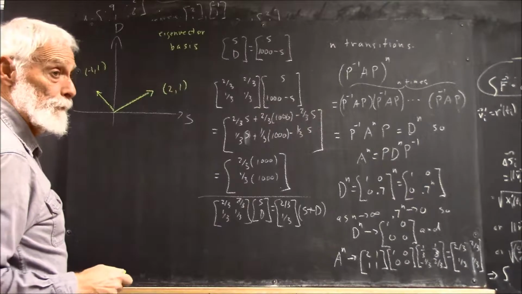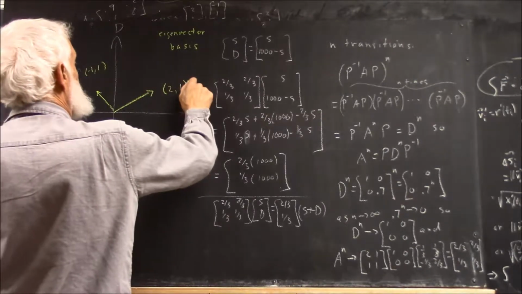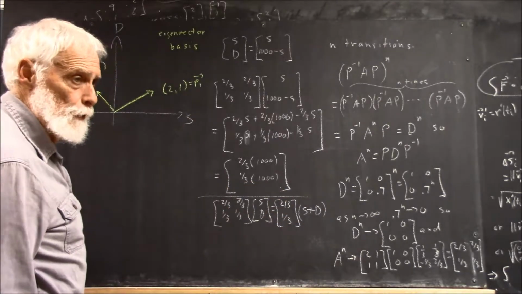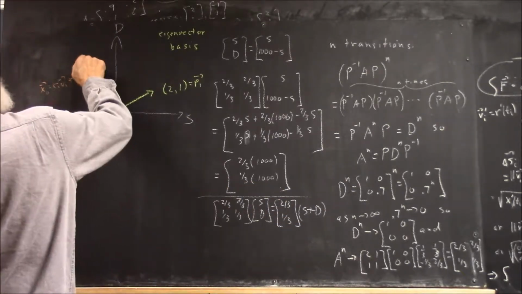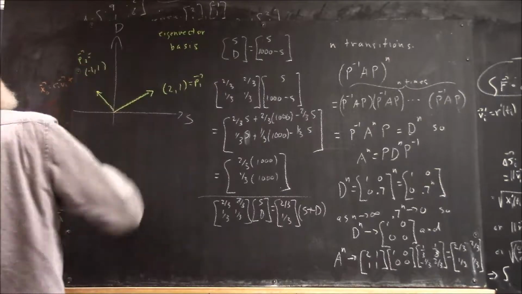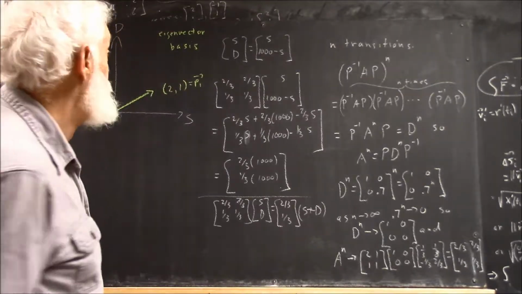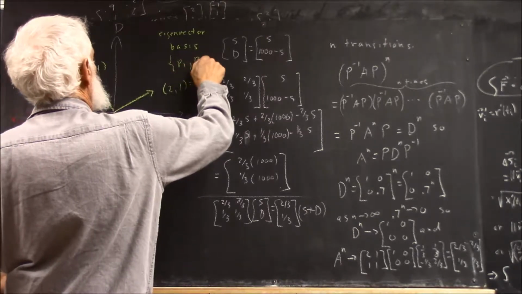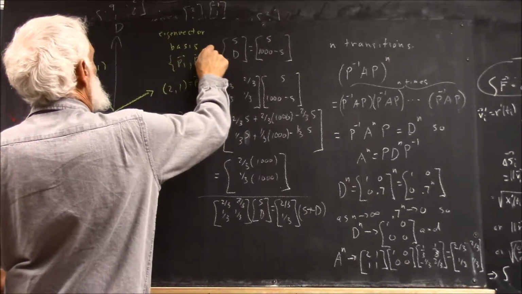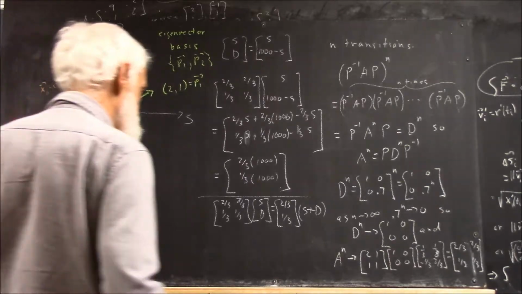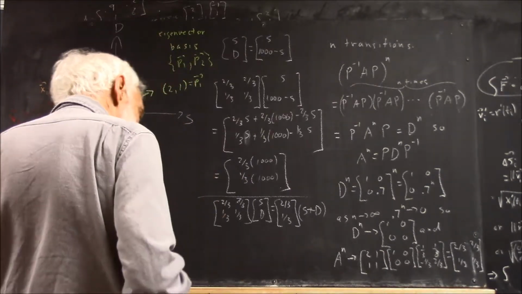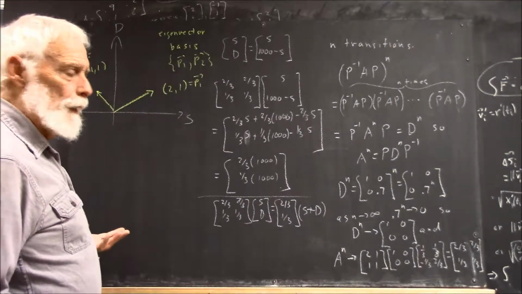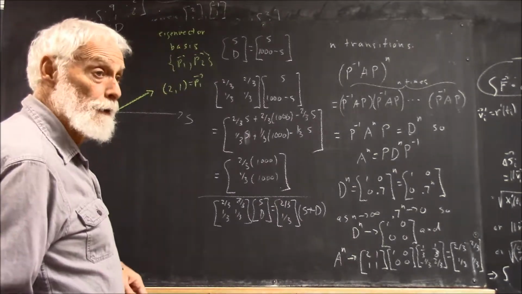Okay? So we'll call this P1 because that agrees with notation in your book. And we'll call this P2. And now we've got our population vector, which is 500, 500, but that's way off the scale here.